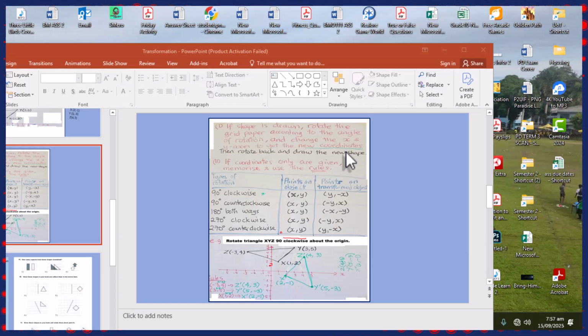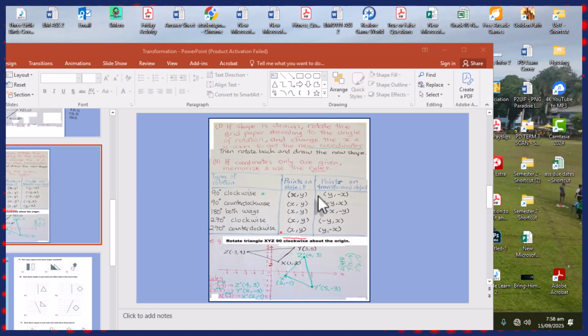If you do not want to rotate the paper and draw the shape like we just did, you have to memorize all these rules and just use this rule to change the coordinates. If you go back to this example and deal with the coordinates using these rules, let's see. The type of rotation is we have rotated 90 degrees clockwise.